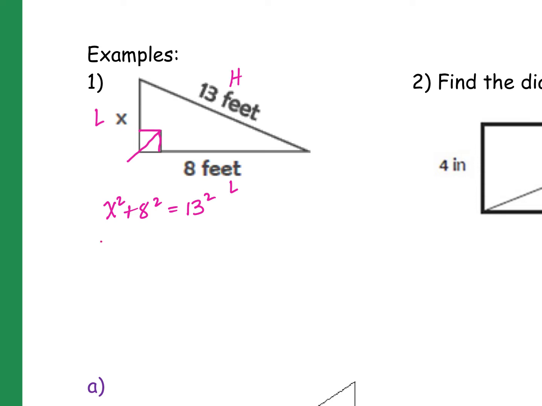Okay. So I've got x squared plus 64 equals 169. Okay, then I want to get the x by itself, right? So I'm going to subtract 64. And I get x squared equals 105.